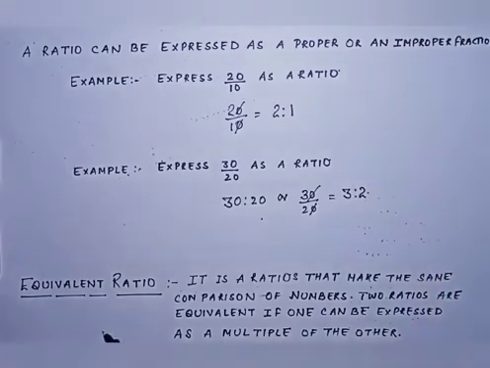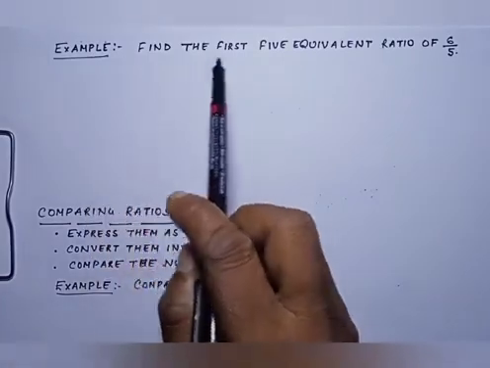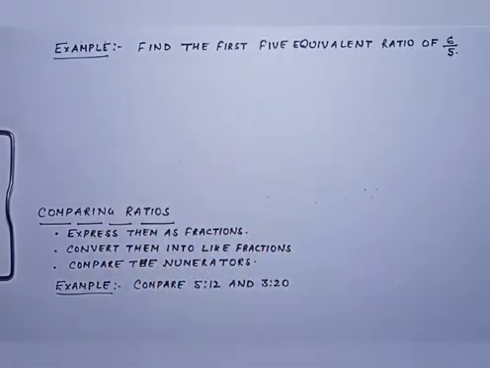Let us move to another topic, that is equivalent ratio. What is an equivalent ratio? It is a ratio that makes the same comparison of numbers. Two ratios are equivalent if one can be expressed as a multiple of the other. Let us see with the help of an example. Find the first 5 equivalent ratios of 6 upon 5.